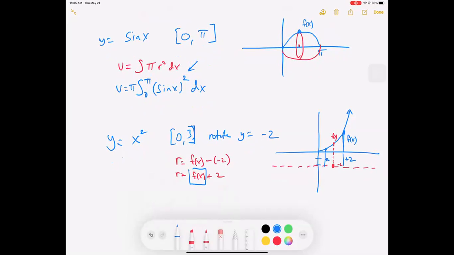Let's go ahead and draw one circle. And then it turns out our flare is going to go the other way. So something like this.